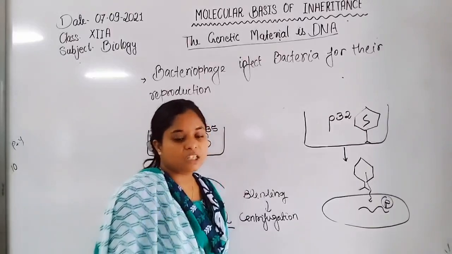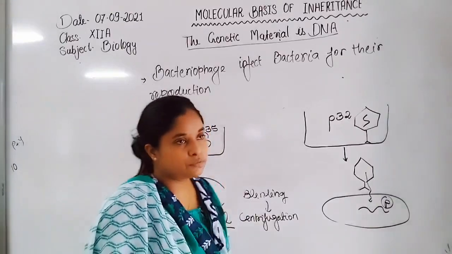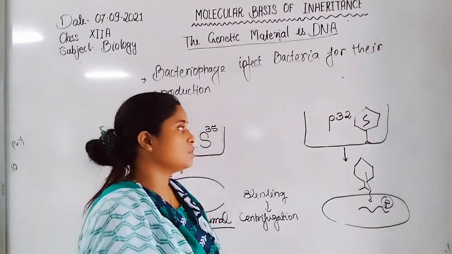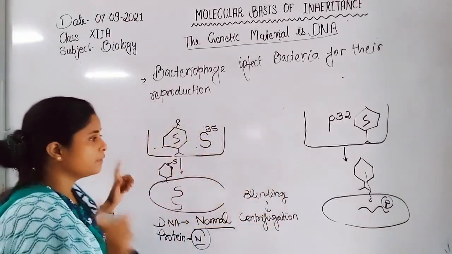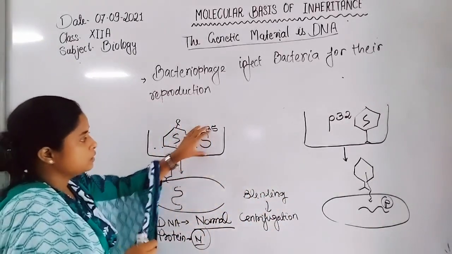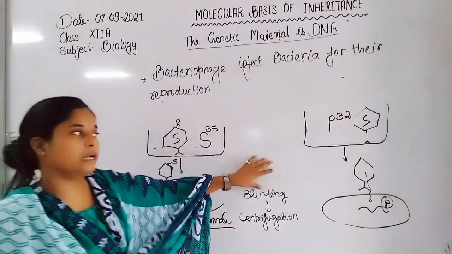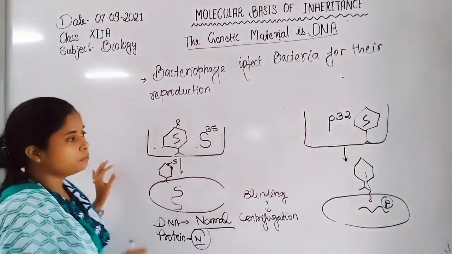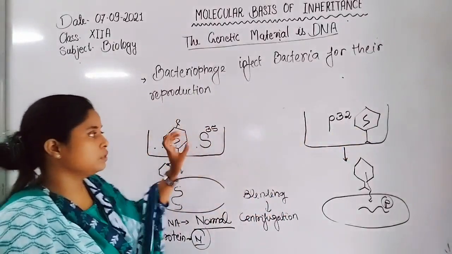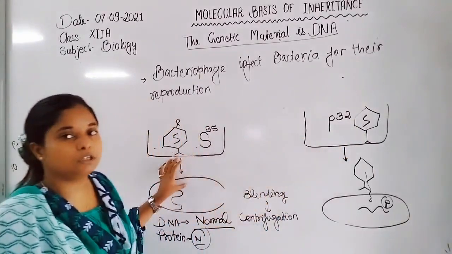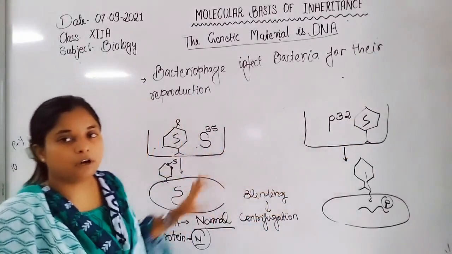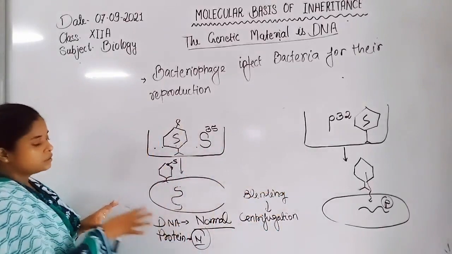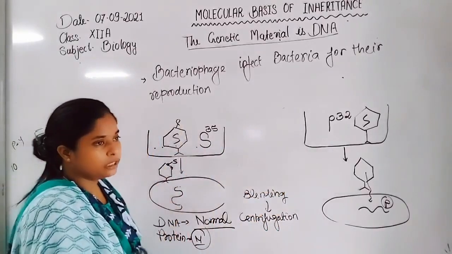DNA is formed with phosphorus and nitrogen. So they used two different chemicals, because sulfur is not present in DNA and phosphorus is not present in protein. That's why they used two different radioactive substances for the two different experiments, to find the genetic material, either protein or DNA.